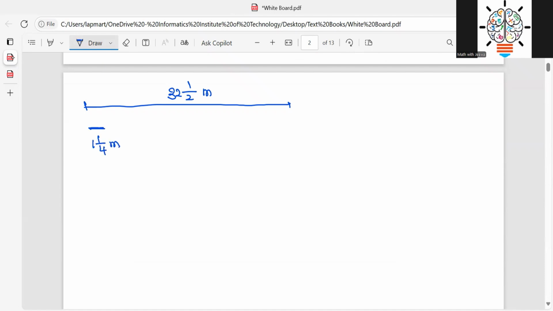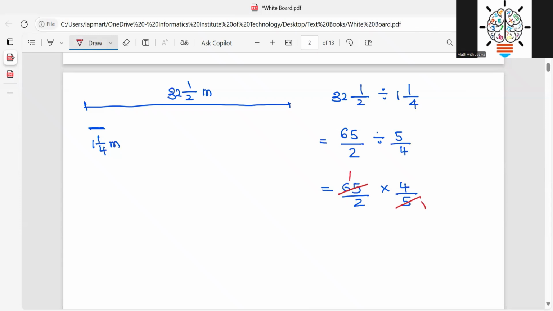So what I do is 32 1 over 2 divided by 1 over 4. So here 65 over 2 divided by 1 over 4. The next step, 65 over 2 multiplied by 4 over 1. So we can simplify: 5 times 1, 5 times 13, right?